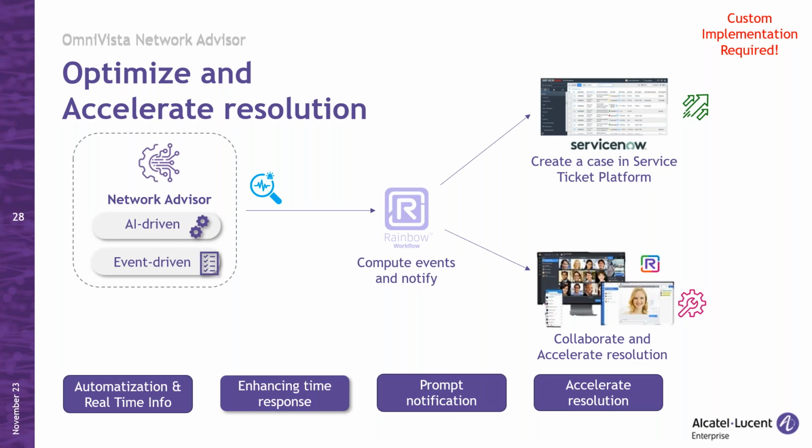So the evolution in what we intend to develop in future use cases is to integrate with third-party tools. So Network Advisor, with APIs, will be possible to integrate with third-party tools. Here is an example with our Rainbow workflow. We get info from Network Advisor, issues, etc., and we can trigger ticket servers to open a case with a partner that gives us the support, for example.